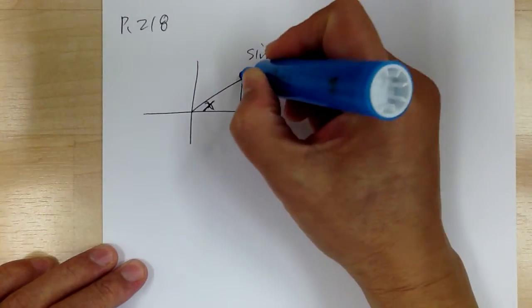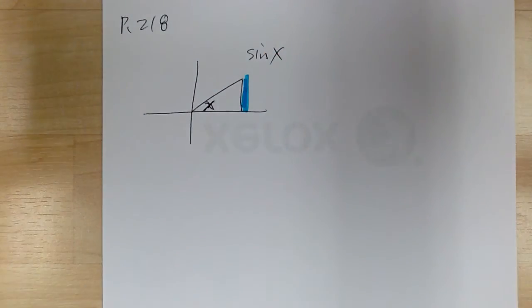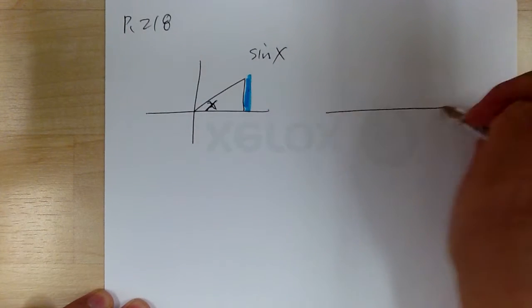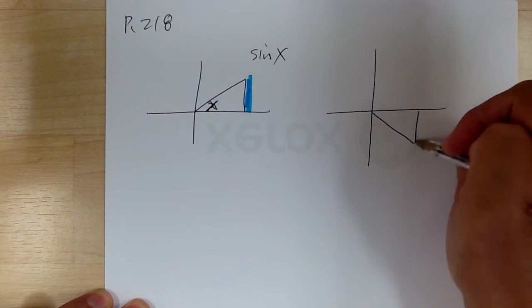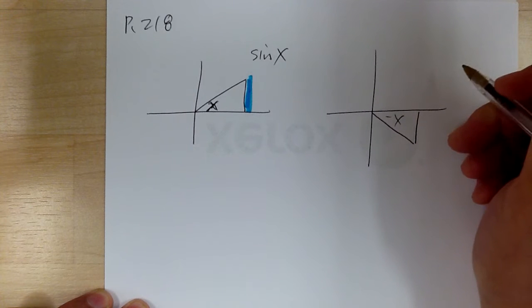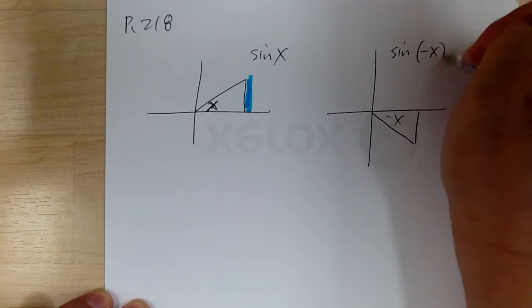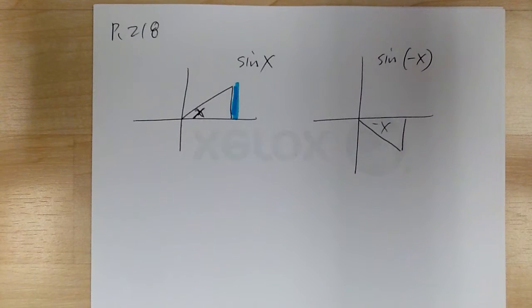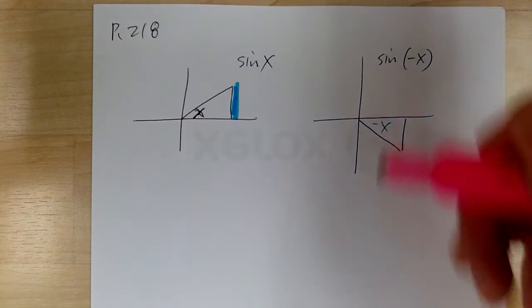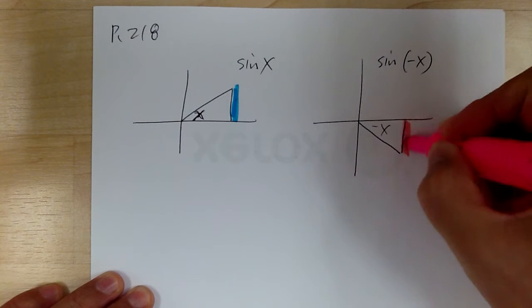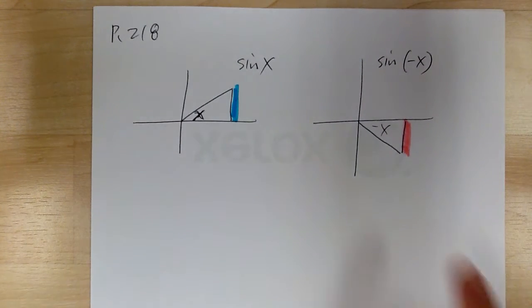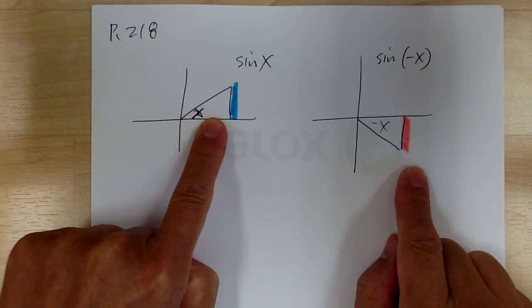So that's the sine of x, right? Everybody see that? Now, if you look at a negative angle, over here we have the negative x, right? So the sine of negative x is this one right over here. I color coded it for you, okay? So the question you have to ask is, are they the same or the opposite?